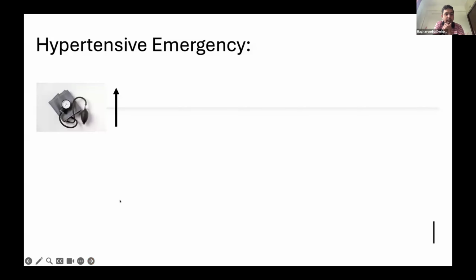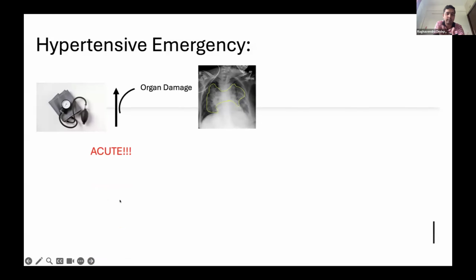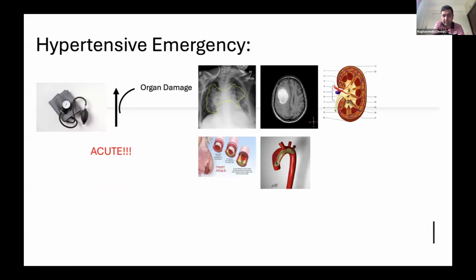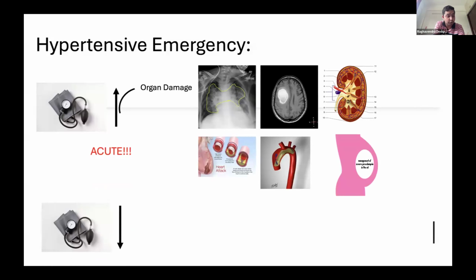So hypertensive emergency is a severe elevation of blood pressure that is acute and has led to organ damage. What is organ damage? For example, the person may have pulmonary edema, cardiac ischemia, an intracranial bleed or acute stroke, acute kidney injury, aortic dissection, or eclampsia. So blood pressure should be reduced.